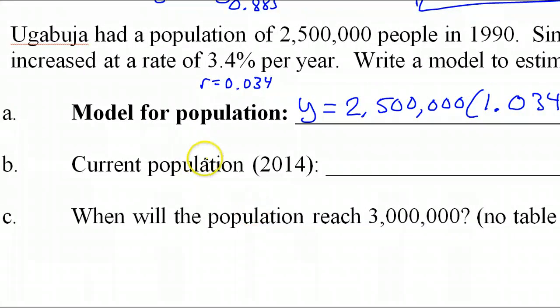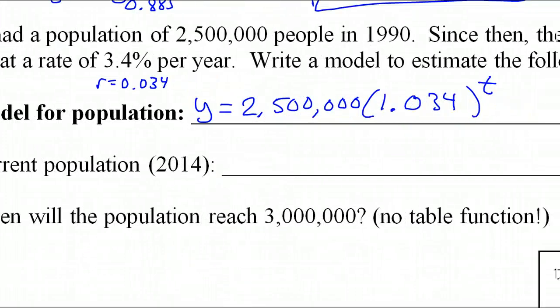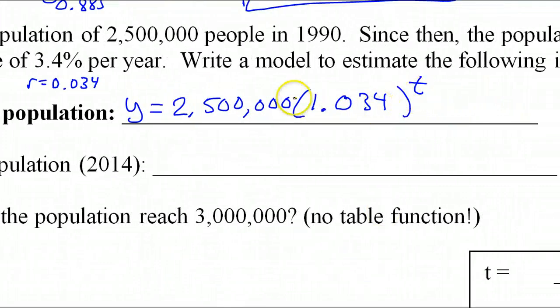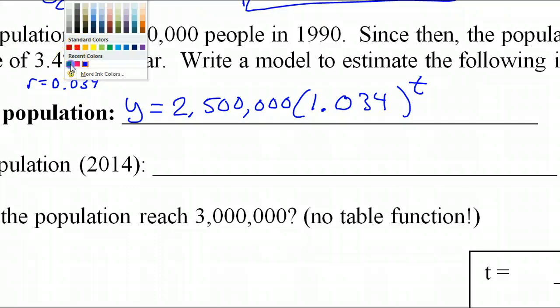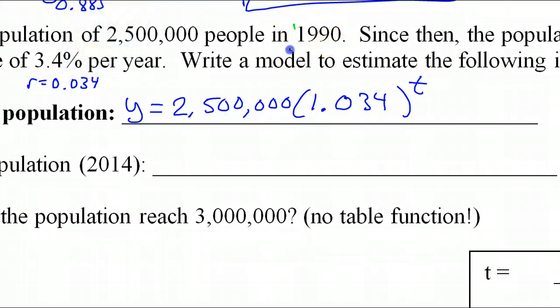So let's find the current population in 2014 of Ooga Booja. So I just need to put something in for time, but I need to pay attention of when my starting year was. So the starting year was 1990. I'm going from 1990 to 2014.